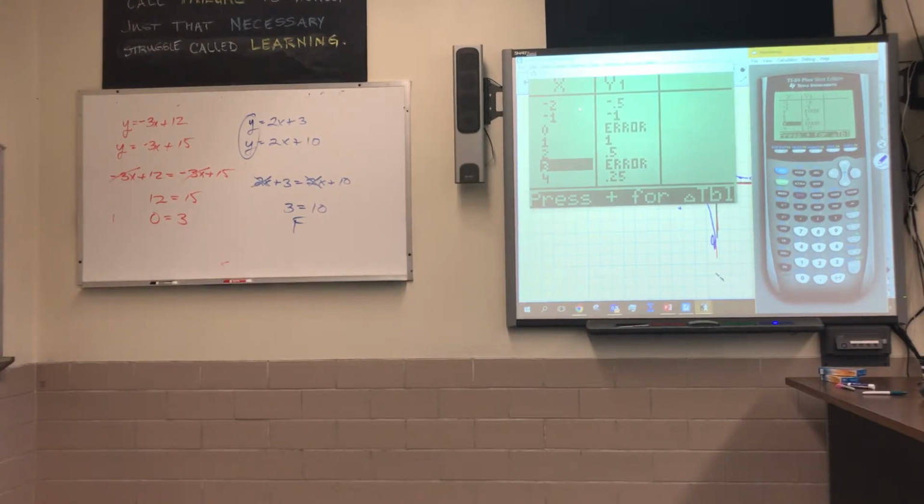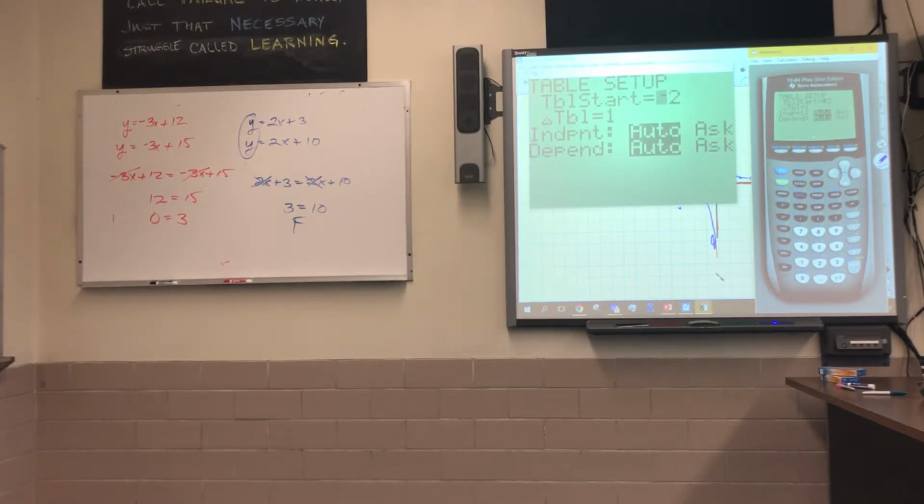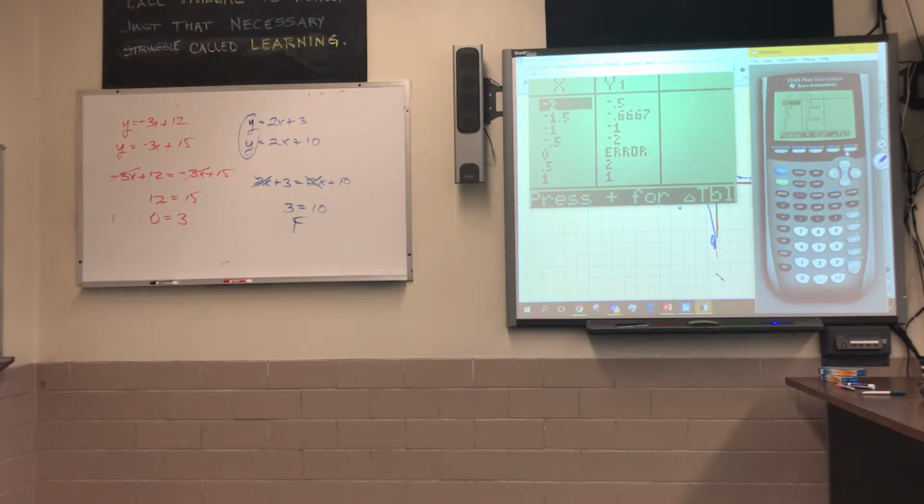If we go to second table set here, go to my changing table, maybe take it to 0.5. And now you would see that, if I had a hole at a half or 3/2 or something like that, now it would show it over there. Does that make sense? Okay.